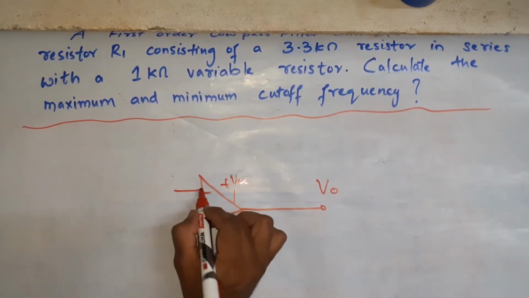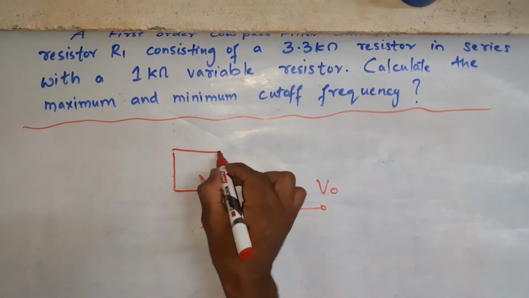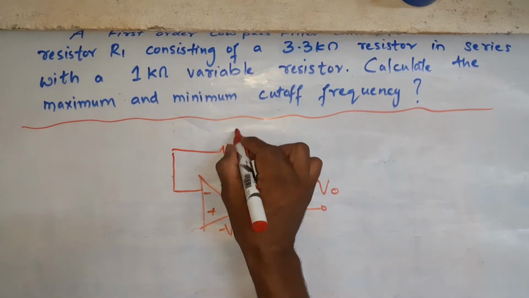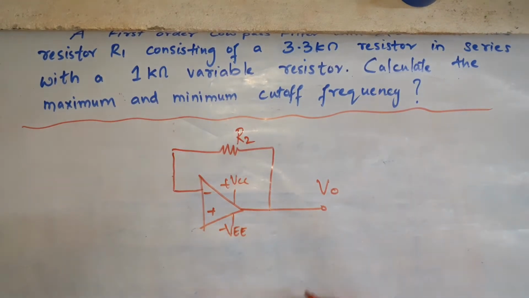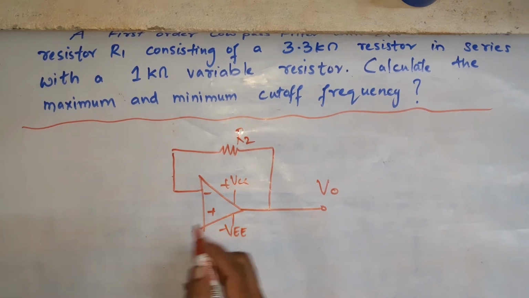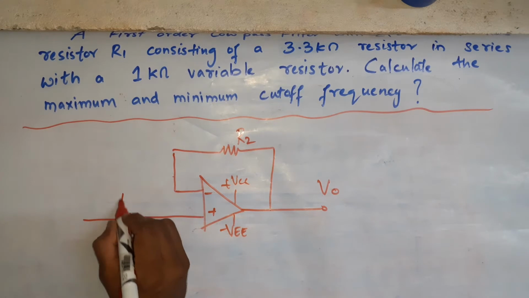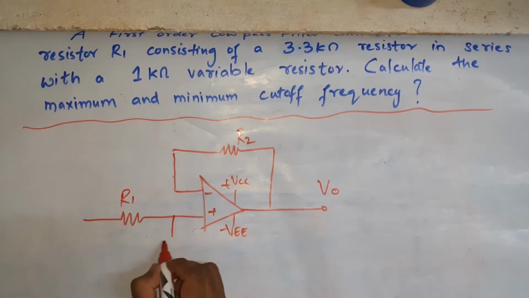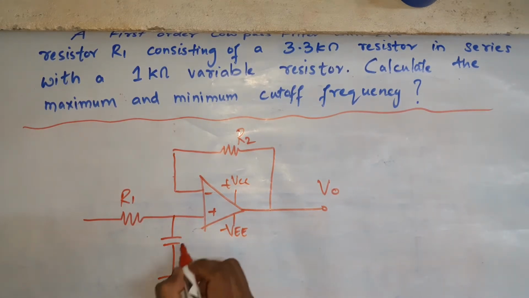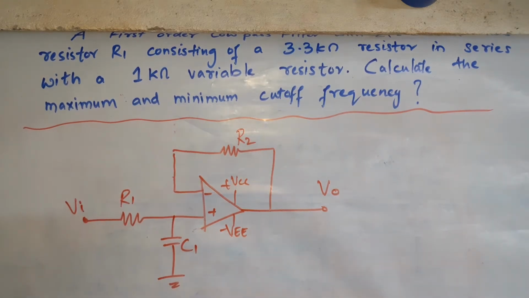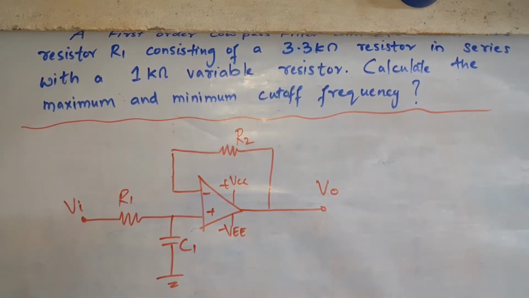Then there is a feedback resistor, which we had given the name R2. This can also be taken as RF. Then we have an input resistance R1. Then the capacitor C1. This is for low pass filter. This is known to you, right?